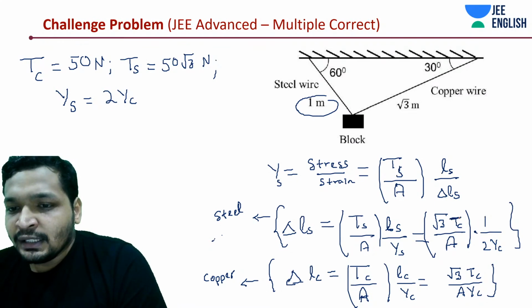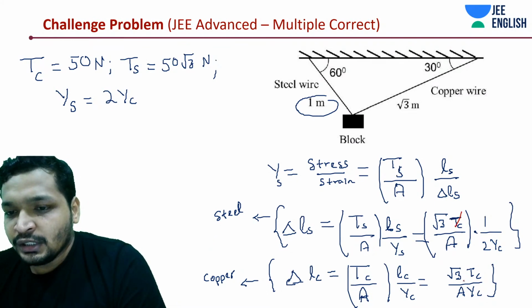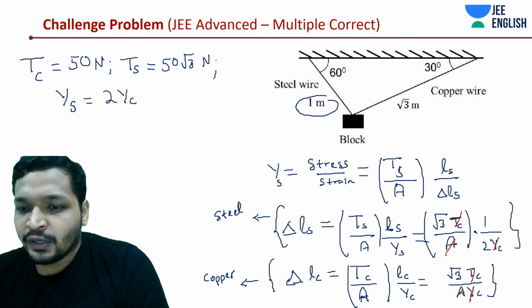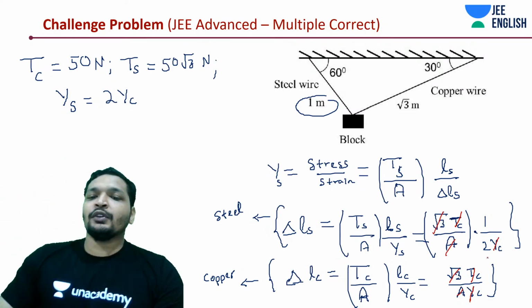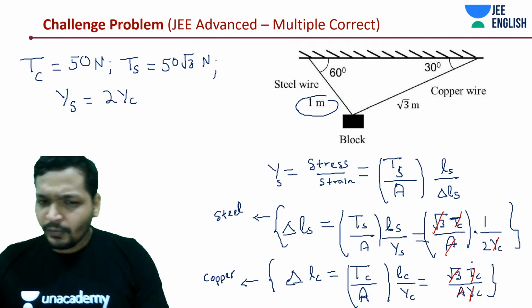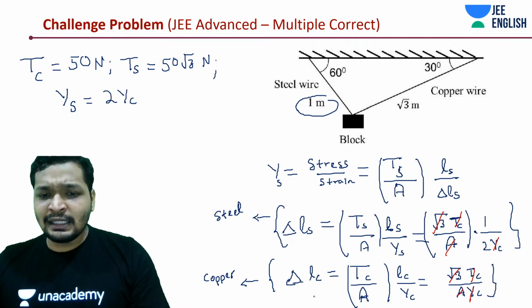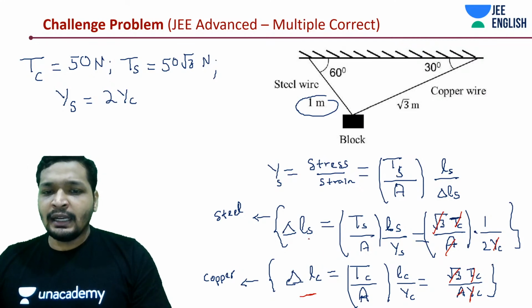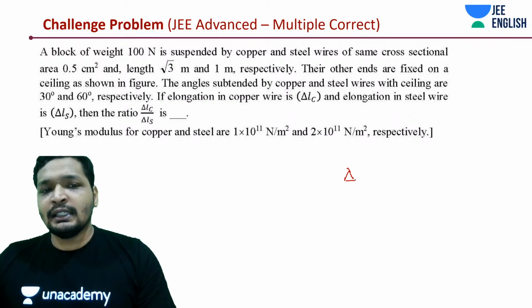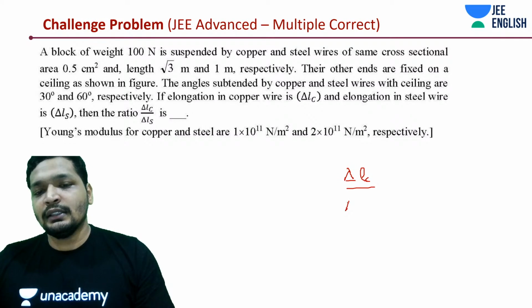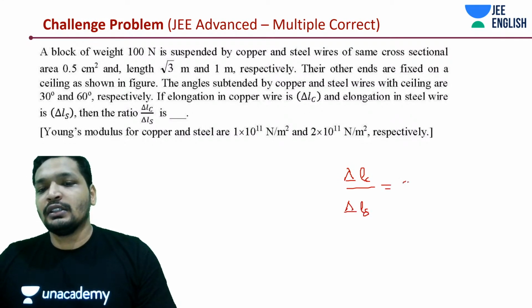If I'm going to take the ratio, this would get cancelled out, this would get cancelled out, this would get cancelled out. What is left over? Root 3 would get cancelled out. What is left over is only 2. So delta LC by delta LS is just 2.